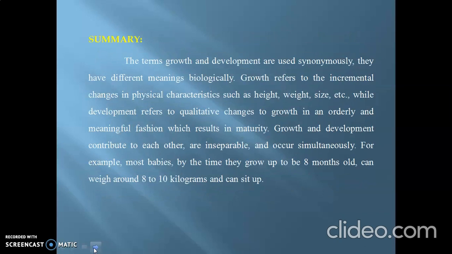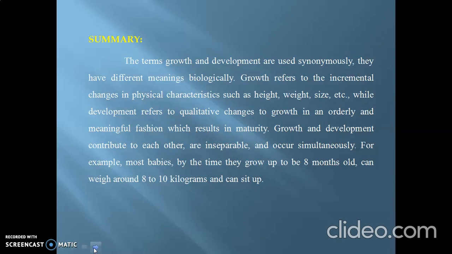Summary. The terms growth and development are used synonymously. They have different meanings biologically. Growth refers to incremental changes in physical characteristics such as height, weight, size, etc. While development refers to qualitative changes to grow in an orderly and meaningful fashion, which result in maturity.